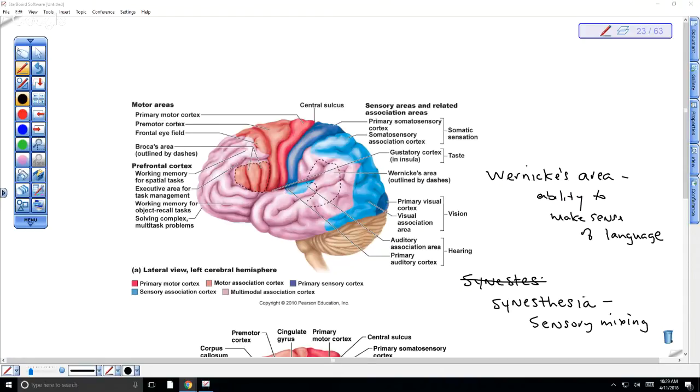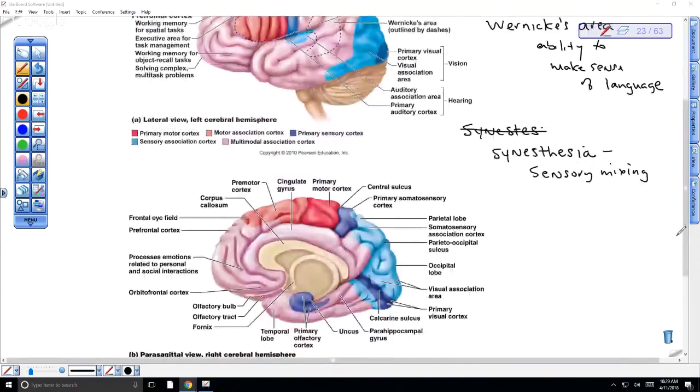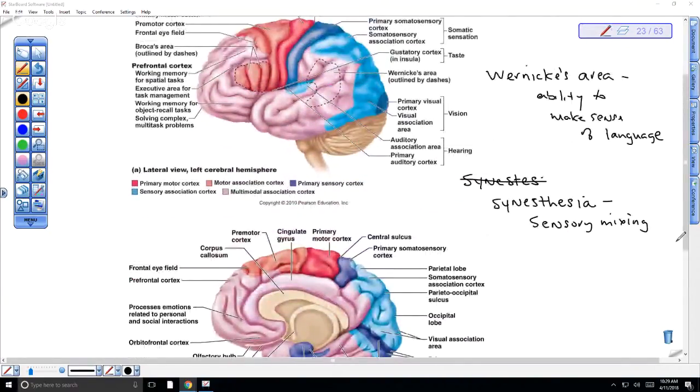Interesting. Okay, so there's another interesting thing that is related to this somatosensory cortex. I'm going to show a video in a second. This is what is referred to as phantom limb pain.